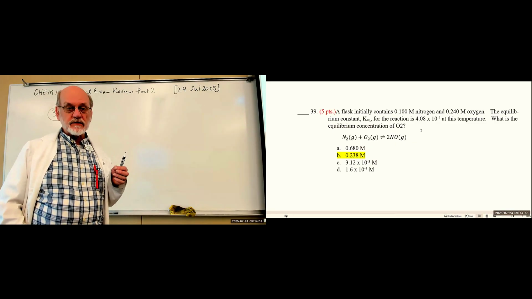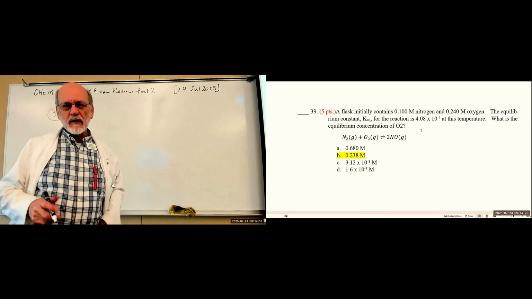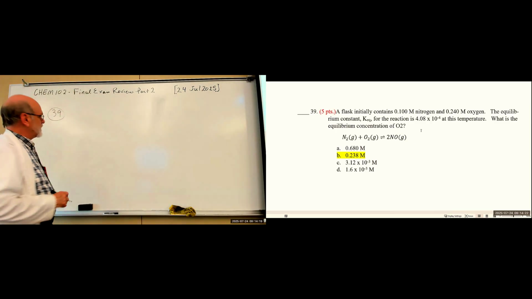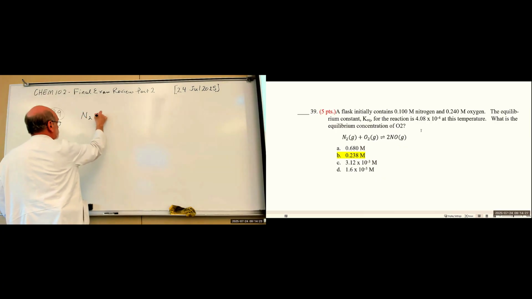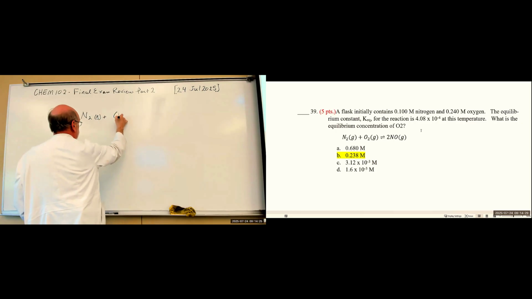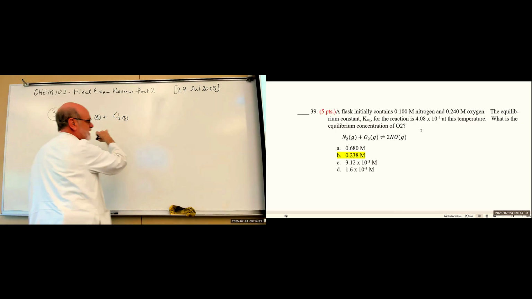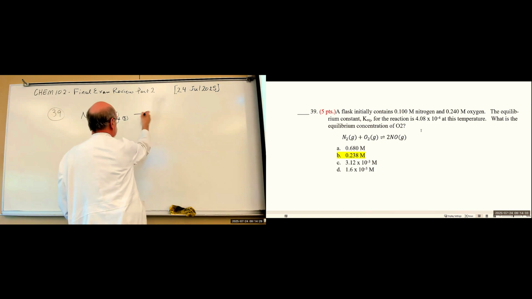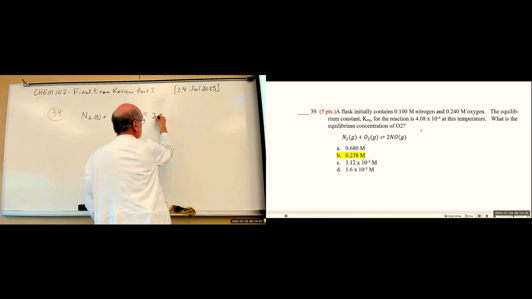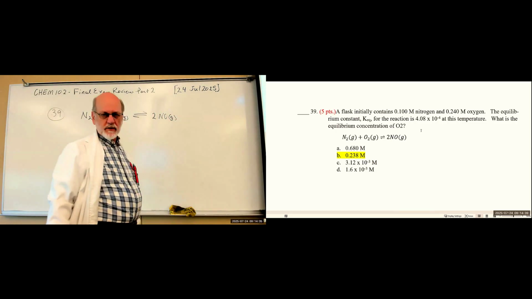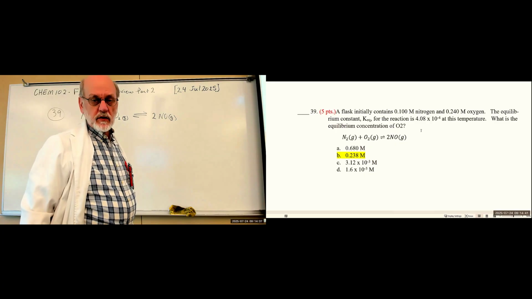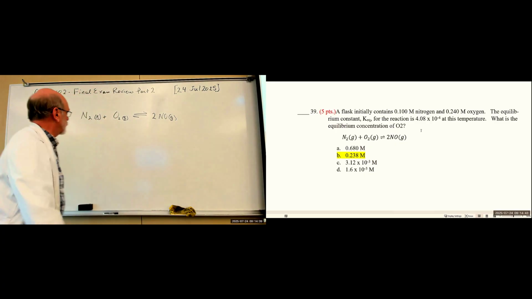Equilibrium concentration of oxygen would be what? Well, we know that we need a balanced equation to govern this reaction. Okay. And this is in equilibrium with 2NO. There. What else are we given? KEQ, 4.08 times 10 to the minus 4.